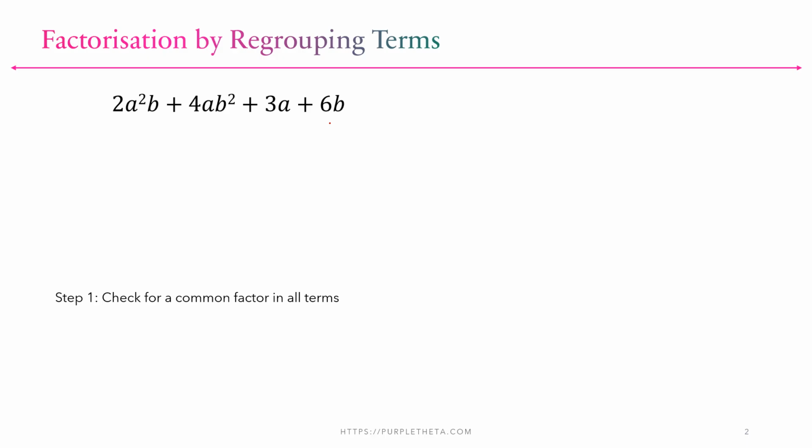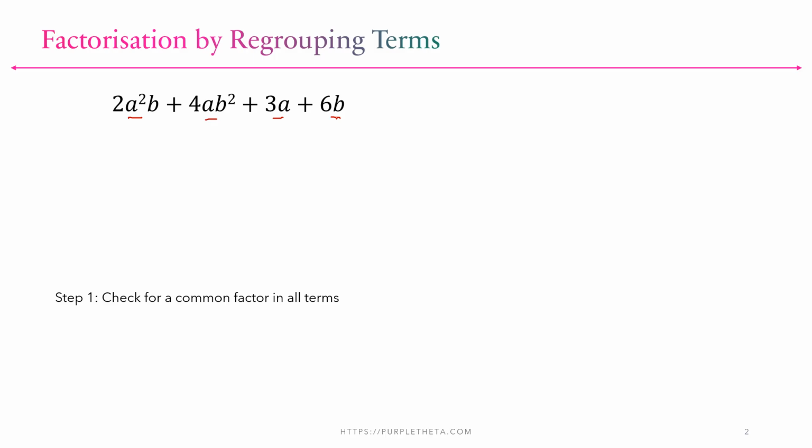First always check if there is a common factor across all the terms. Here in this question, the terms are 2a square b, 4ab square, 3a and 6b, right? There is no single factor that is common in all four terms, or we can also say that there is no single factor that divides all four terms.